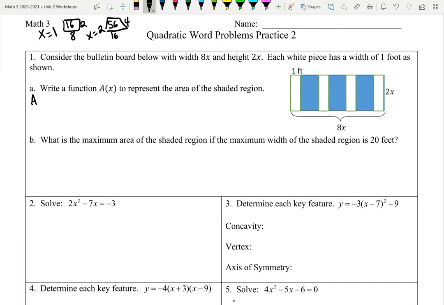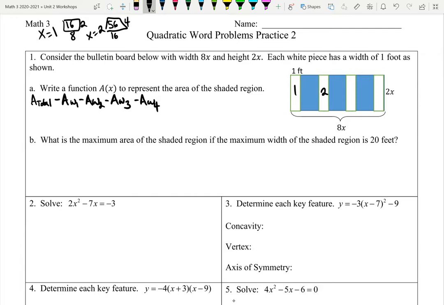The area of the total minus the area, and we'll call it the white 1, minus the area of white 2, minus the area of white 3, and minus the area of white 4.